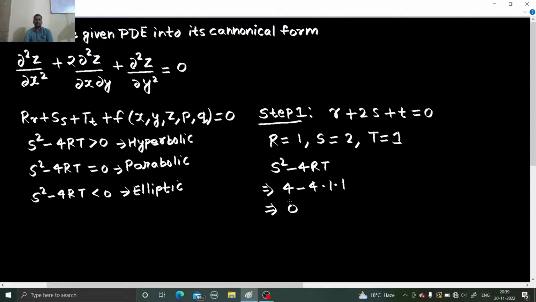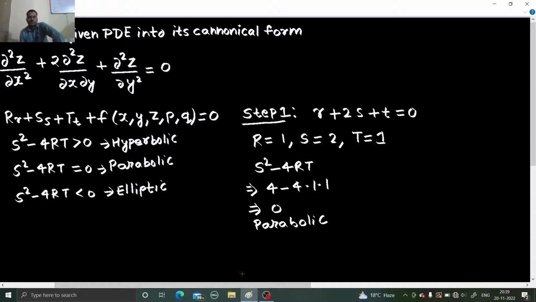And as I told you, if that comes to be equal to 0, it is parabolic. So this was step 1, to check which category it lies in.